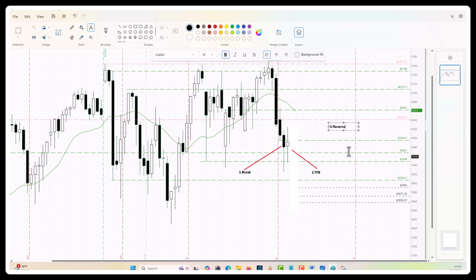Reverse, and put a question mark right there. All we do is just try to anticipate. So we anticipate a reverse.